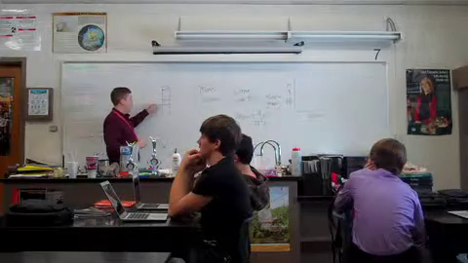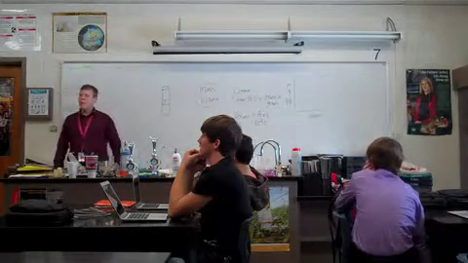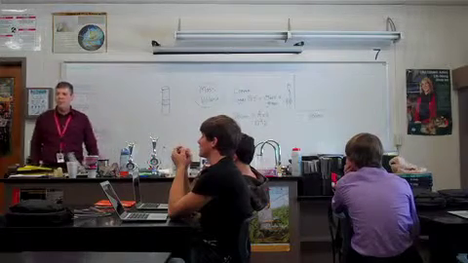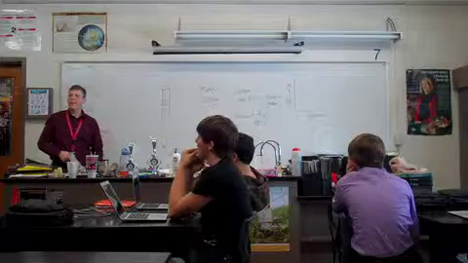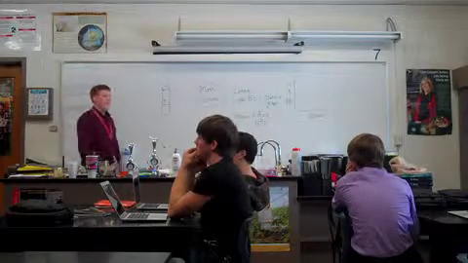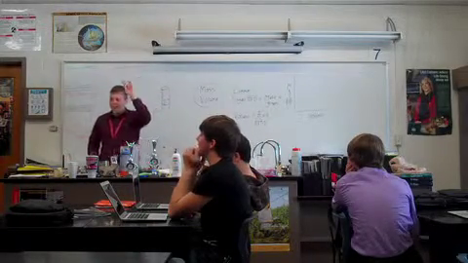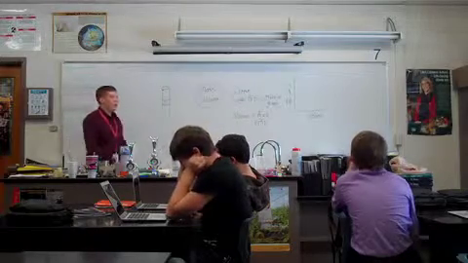So when it rose from here to here, what do I have to do with those two measurements? Subtract them. What's that difference representing? Volume. You got the volume of your object. Very good.